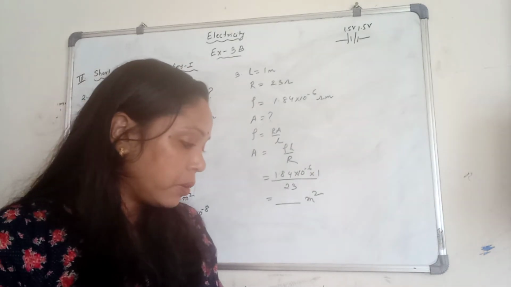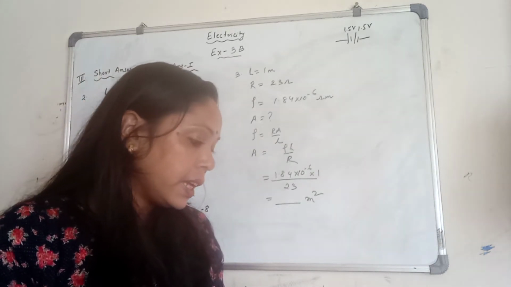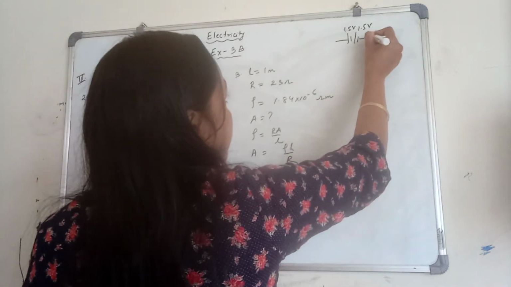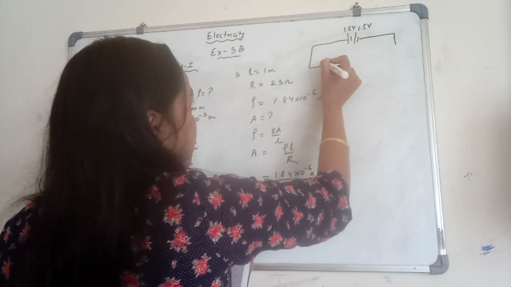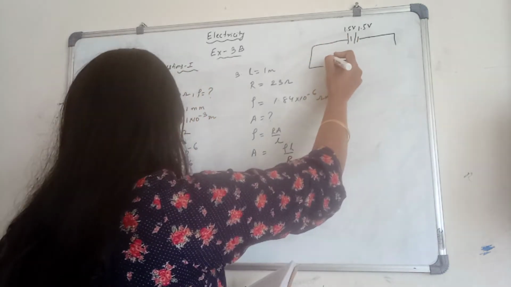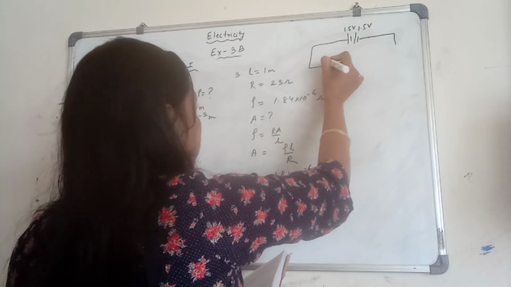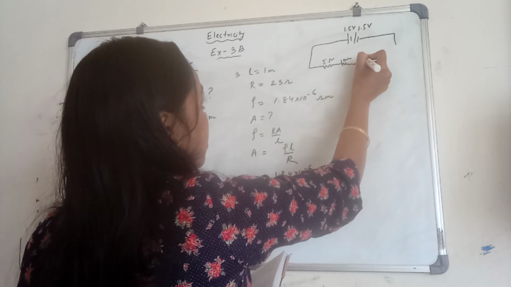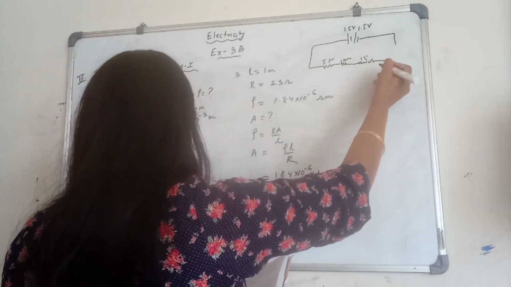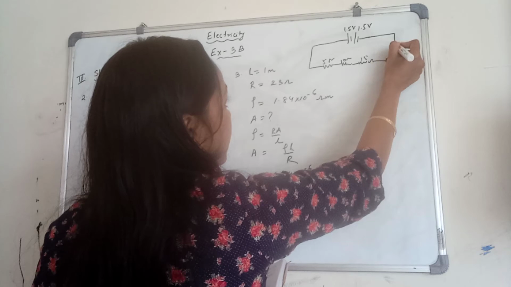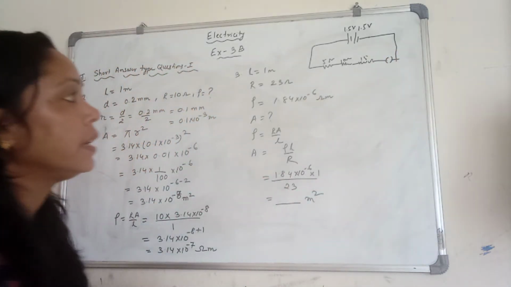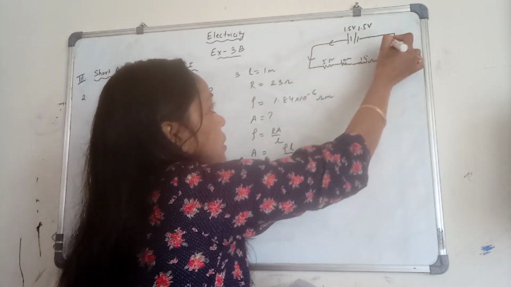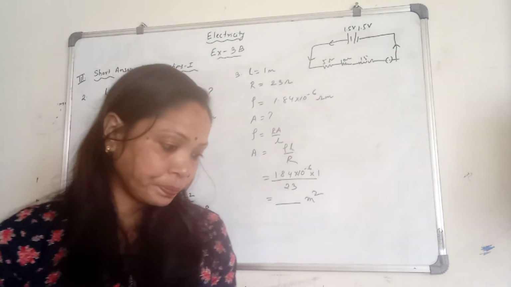And 5 ohm, 10 ohm and 15 ohm resistors and a plug key all connected in series. So just draw all the resistances: 5 ohm, then 10 ohm, then 15 ohm, and show the plug key, like this. All these are connected in series. You can show the closed one also. The current will go from positive to negative.